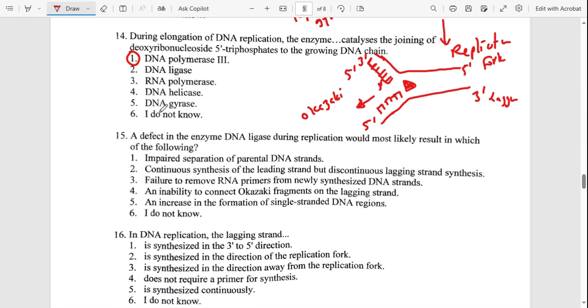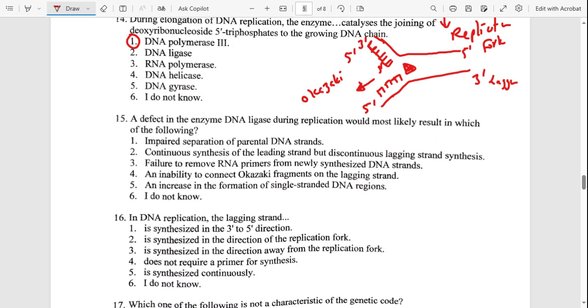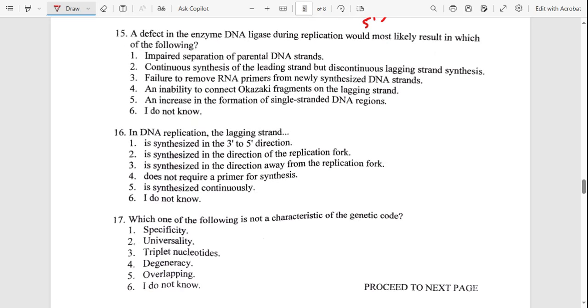It's DNA polymerase 3. So what DNA polymerase will be doing is, once you lay down a primer, it is going to come and continue making that primer long so that you form a long chain of DNA.